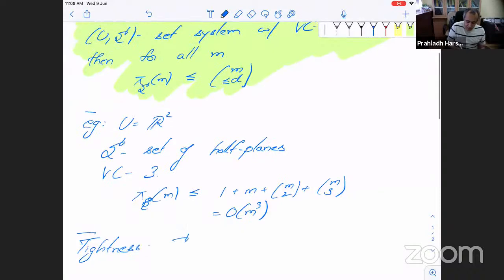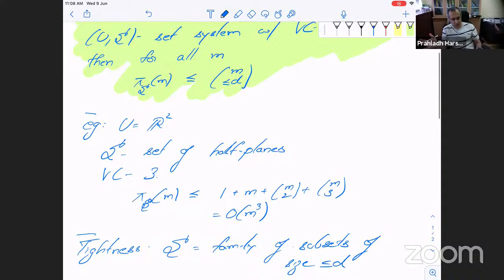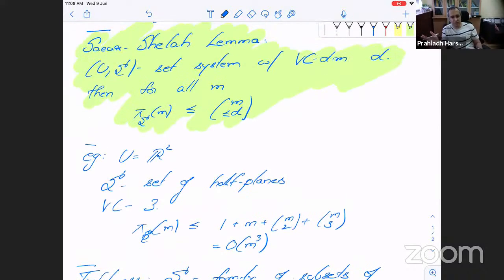For example, S could be the family of subsets of size less than or equal to D. Suppose I take the universe and I put into it all sets of size at most D. Then this will actually be achieved.